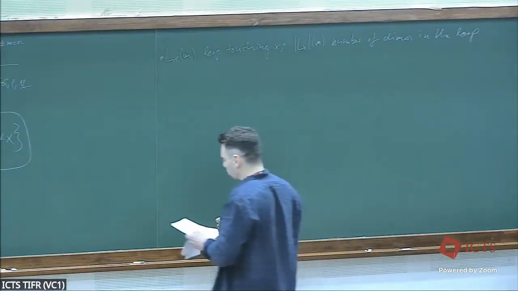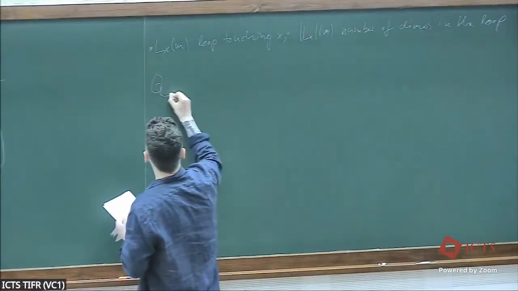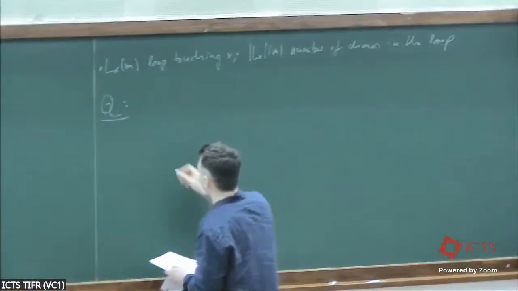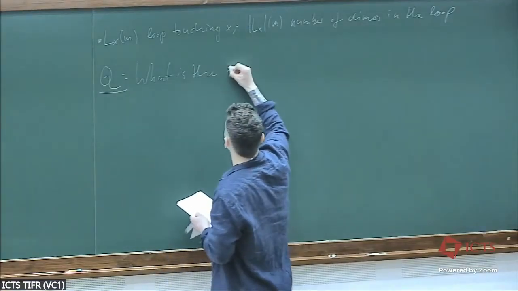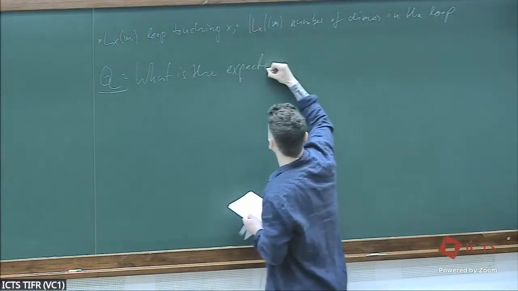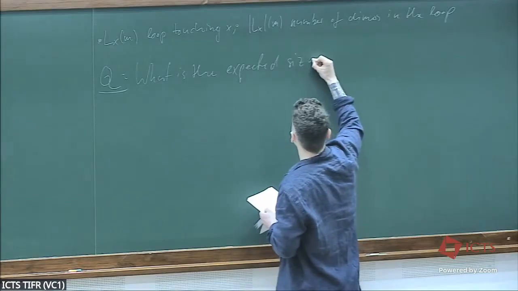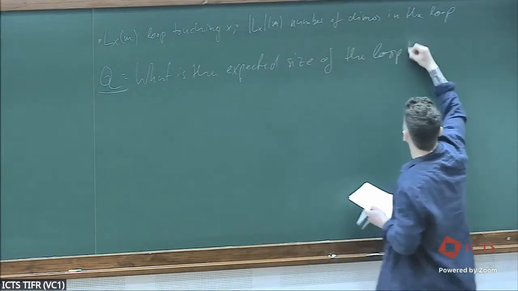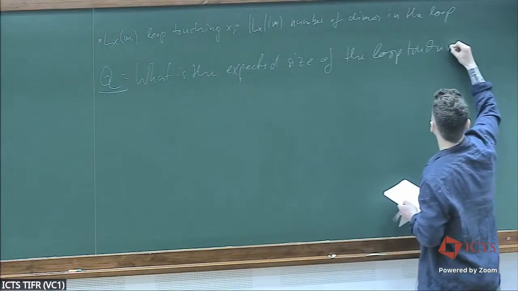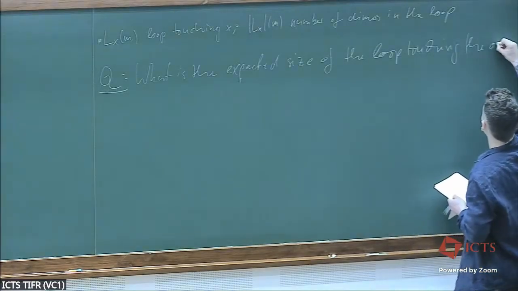And a question at this point is, what is the expected size of the loop touching the origin?